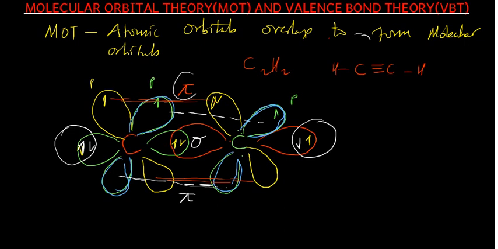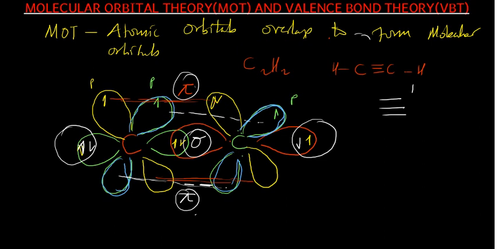One pi bond, another pi bond, and then a sigma bond. So whenever you see this, that is a triple bond, because a triple bond contains one sigma bond. In other words, any bond contains one sigma bond, and then depending on whether it is double, triple, or what, it is going to contain pi bonds.